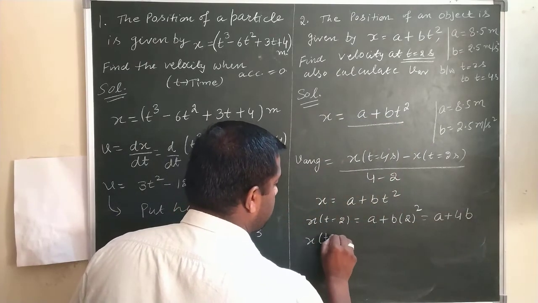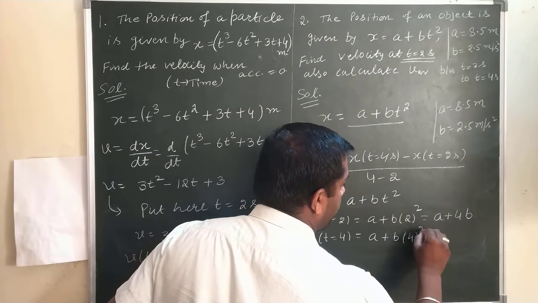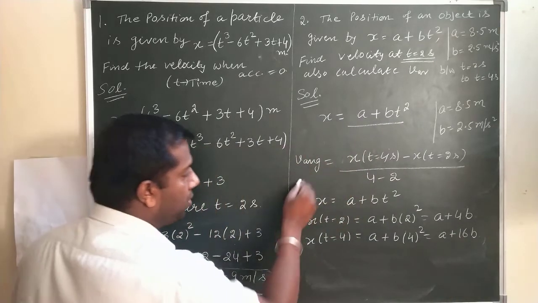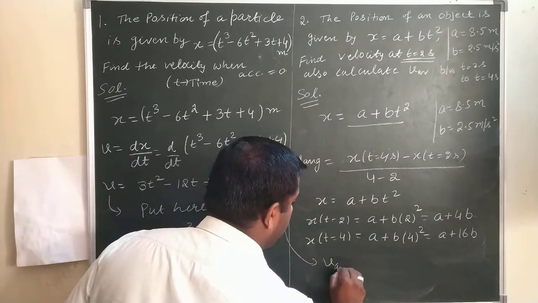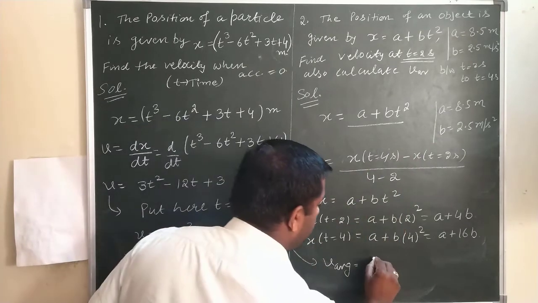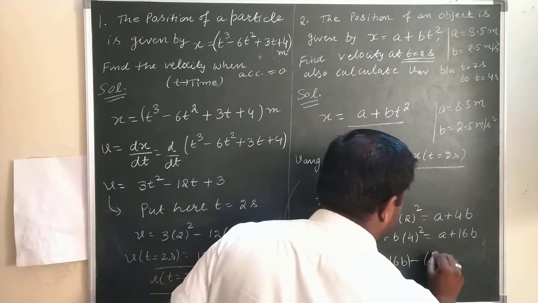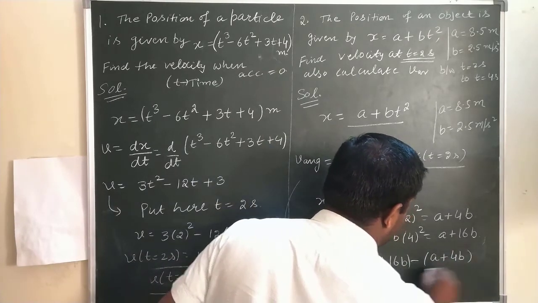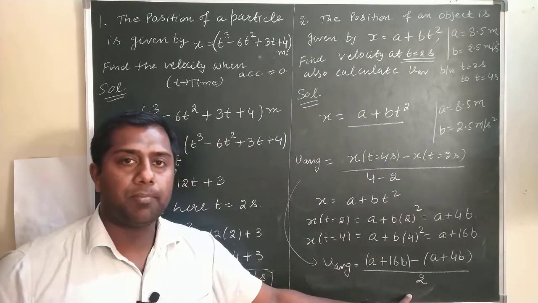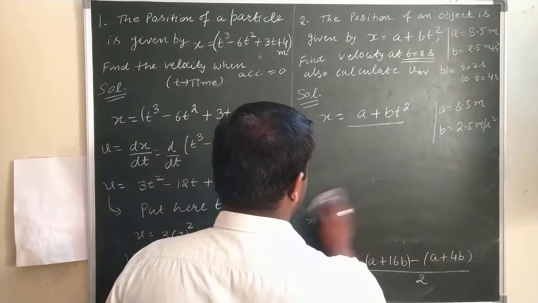And what is x4, which is a plus b into 4 square, which is a plus 16b. So we will put here the values. So v average is what? This is x4 minus x2, which is a plus 16b minus a plus 4b divided by 2. 4 minus 2 is simply equal to 2.